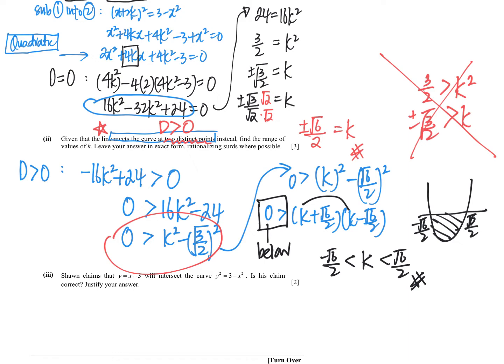So the step to take is to factorize. So remember, whenever you have a quadratic inequality, you need to factorize this as k plus 2, k minus 2. So remember, the first step is always to factorize your quadratic expression. So once you factorize already, you sketch it out.